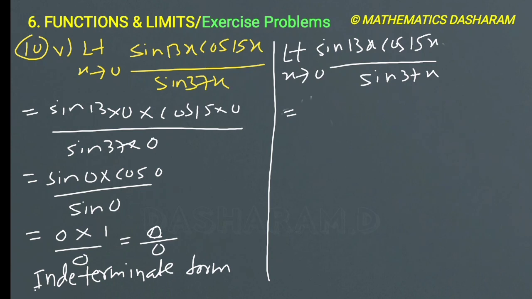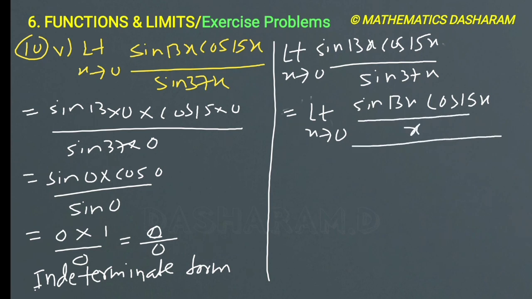So numerator and denominator both divide with x. So it's sin 13x into cos 15x divided by x, whole divided by sin 37x by x. Now apply the limit x tends to 0 for the numerator fraction.